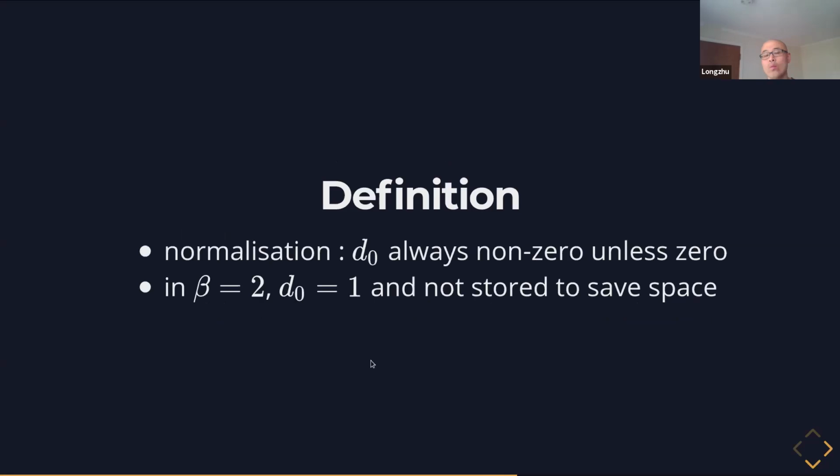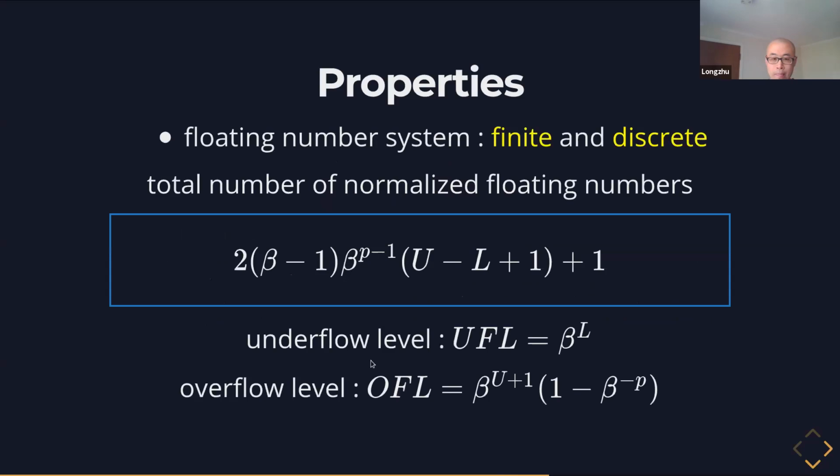Now, the properties of this representation become important. As we all know, real numbers are a continuous, infinite sequence. However, in the computer system, we cannot represent numbers continuously and infinitely.